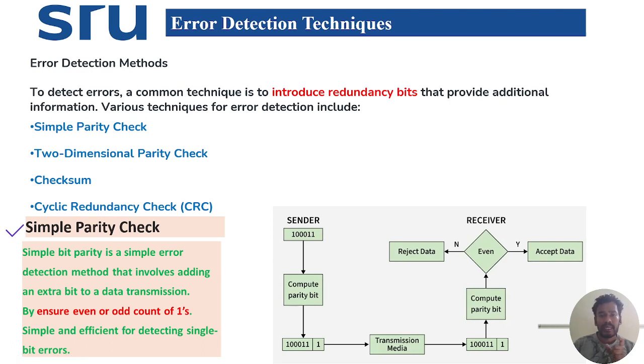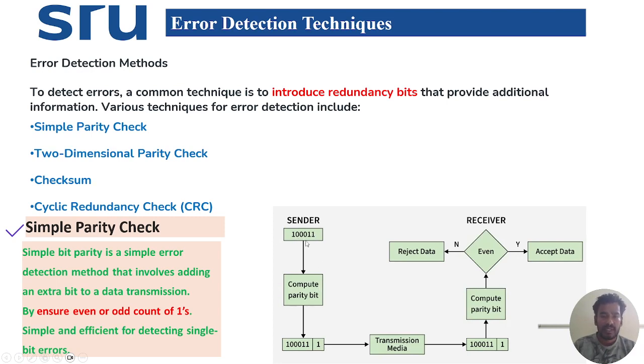So when we get an odd number, we need to add one more bit to make it even, so that the receiver side count is even. If the data is already an even number, we directly put a zero.